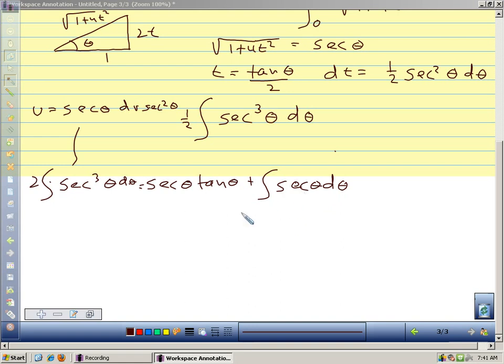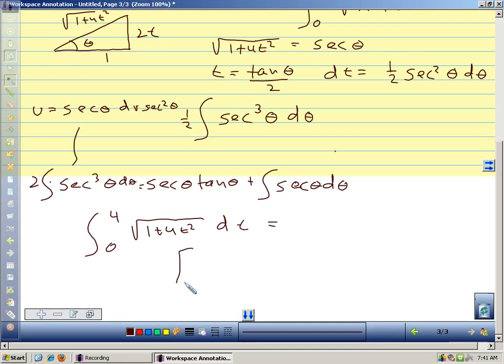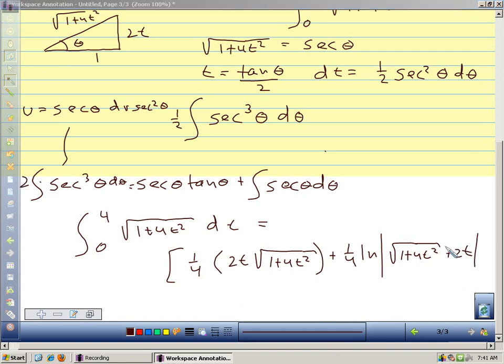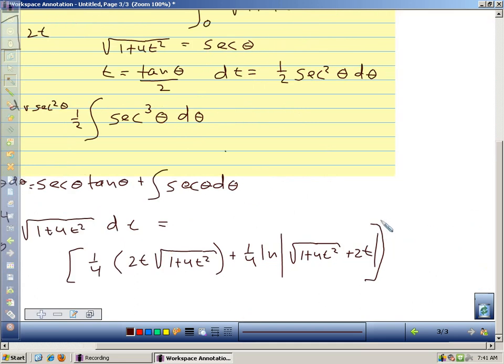So finally, we end up with the integral from 0 to 4 of the square root of 1 plus 4t squared dt equals 1/4 times 2t times the square root of 1 plus 4t squared, plus 1/4 natural log of the absolute value of the square root of 1 plus 4t squared plus 2t, evaluated from 0 to 4.